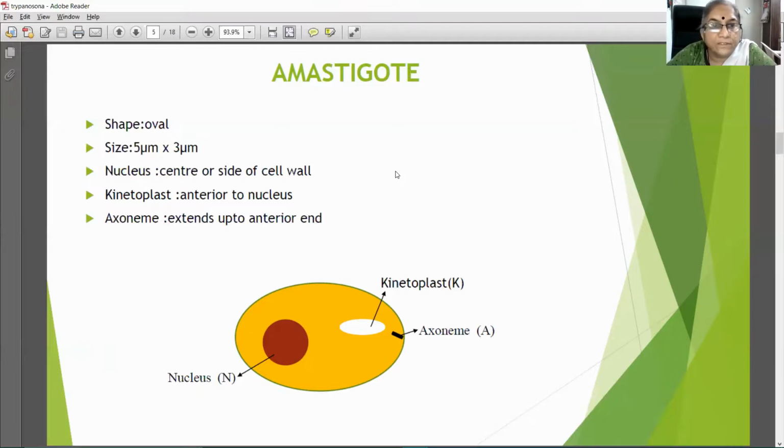Axoneme is going to extend up to the anterior end. So this is the kinetoplast. This is the cell. The nucleus is at the side of the cell wall. Kinetoplast is on the anterior side. Axoneme is almost touching the cell wall on the anterior side.